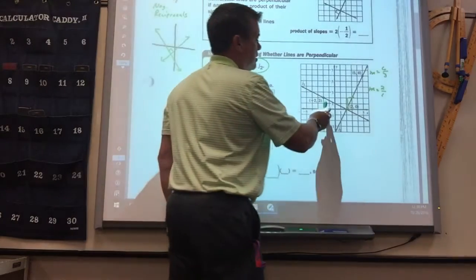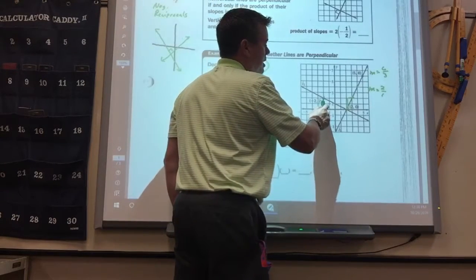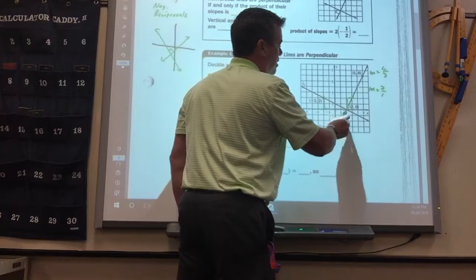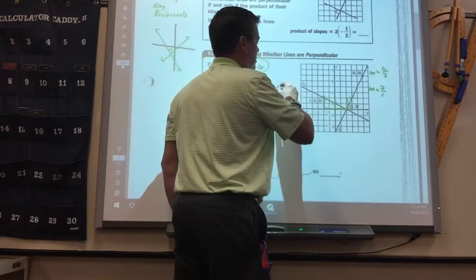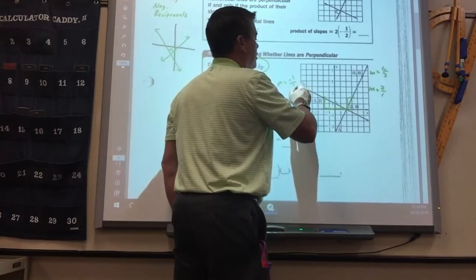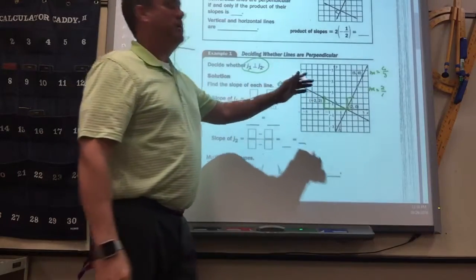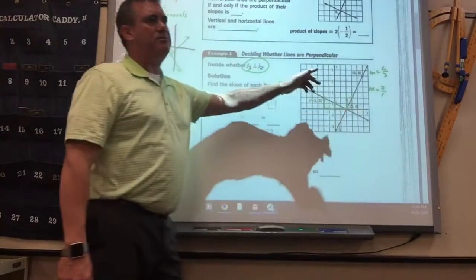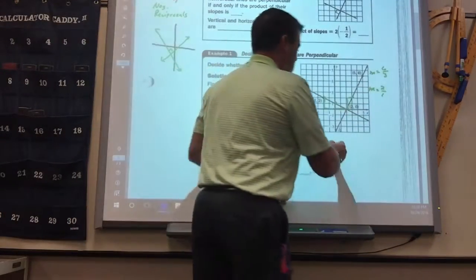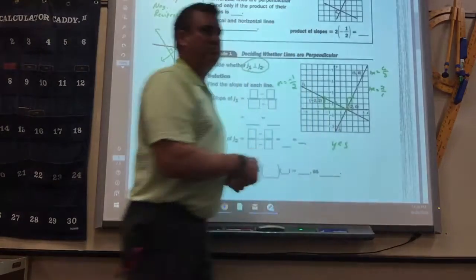This one, if I start at this point, I could go down to here and over, but I could just go to there too. It goes down 1 and over 2. So, they are opposite signs. One's negative, one's positive, and they're reciprocals, so it's just yes.